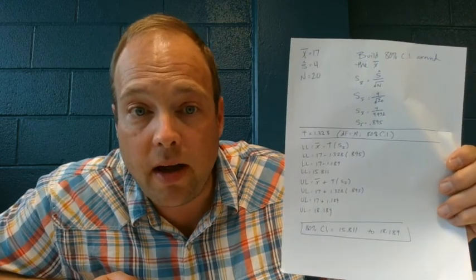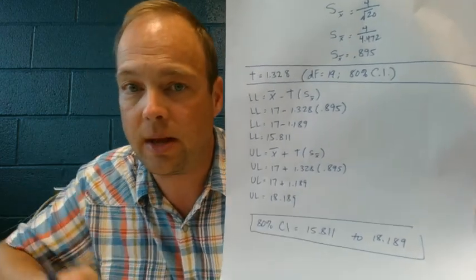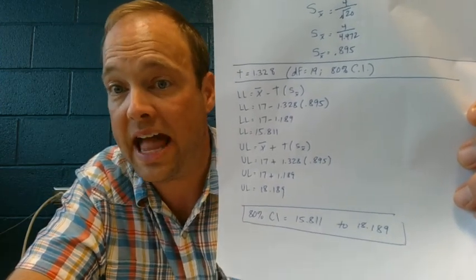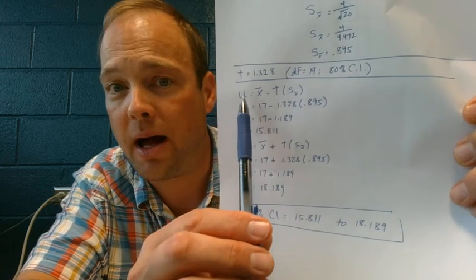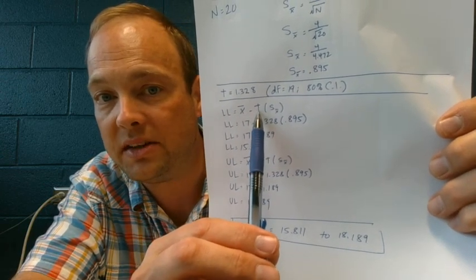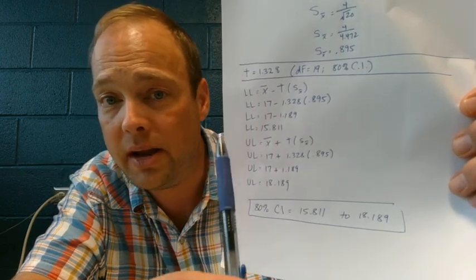Then I used my formula for the lower limit and the upper limit, simply substituting the appropriate information to find the actual confidence intervals for this problem. Lower limit equals the mean minus a value from the t-table times the standard error for the sample. We already know all this information.